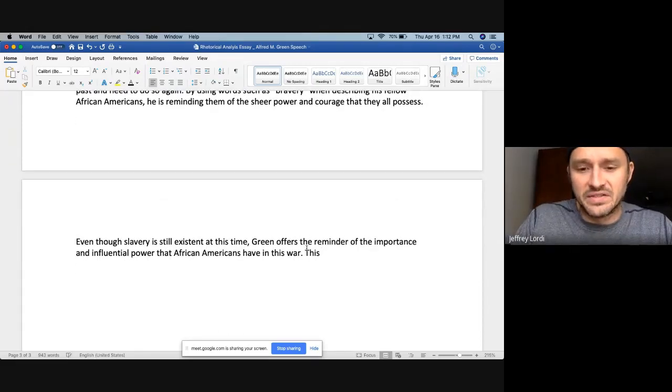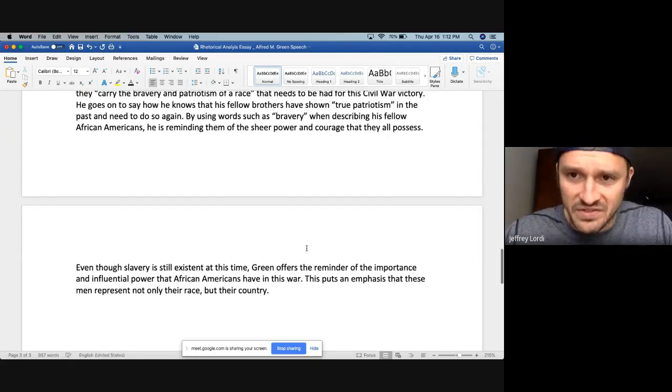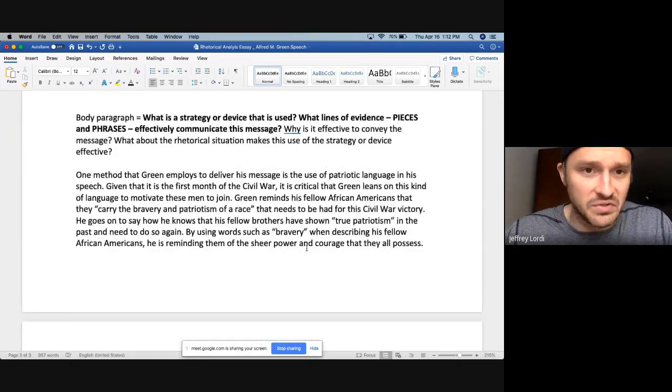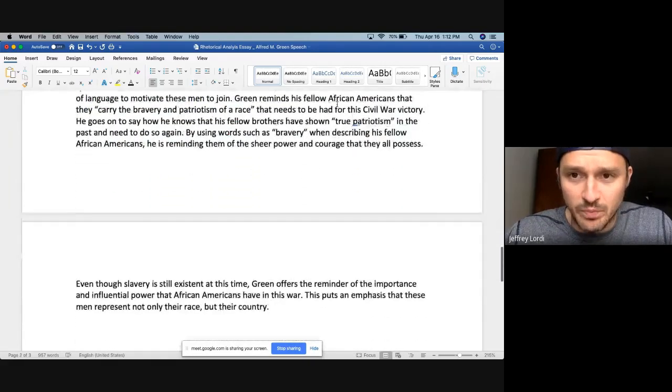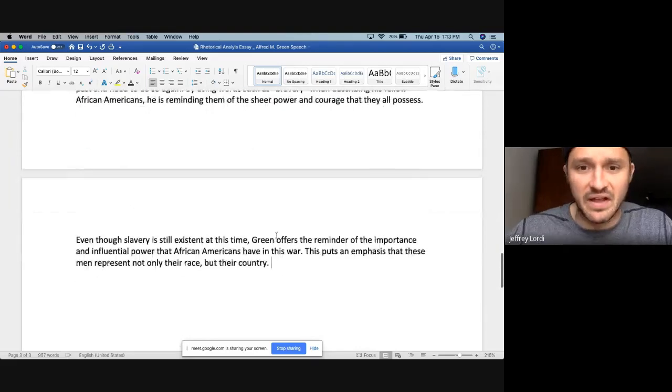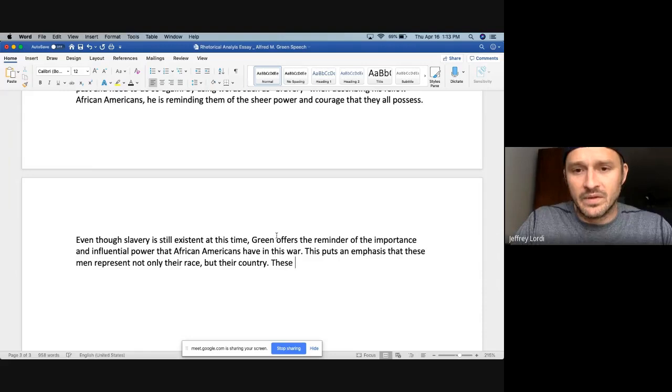So I'm going to say, this puts an emphasis that these men represent not only their race, but their country. And so if he's saying that they're such brave men, then that is going to push them into it, right? And if they are true patriots, then they will need to fight. These words force his audience, right?